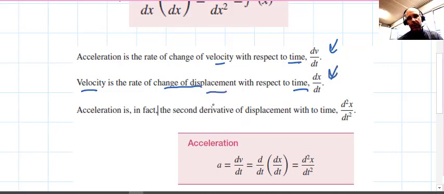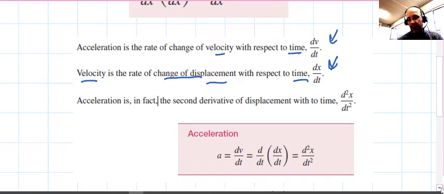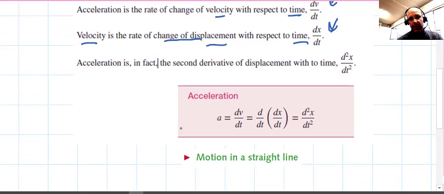So if we think, okay, we've got a derivative and another derivative, acceleration is in fact the second derivative of displacement with regards to time. And we can see that summarized below. And this is important. So acceleration is dv dt, which is the derivative of x with regards to t, d squared x dt squared. Make sure you note that.